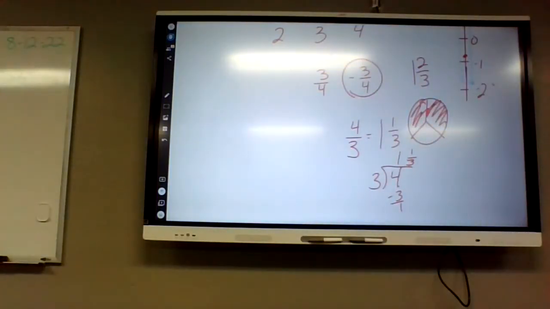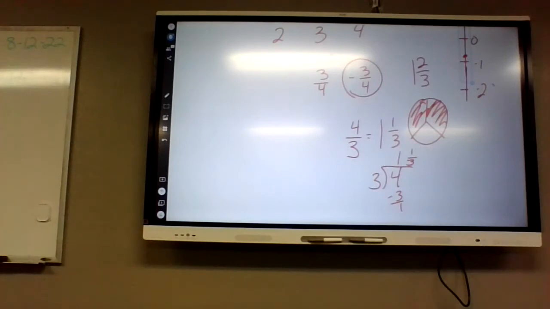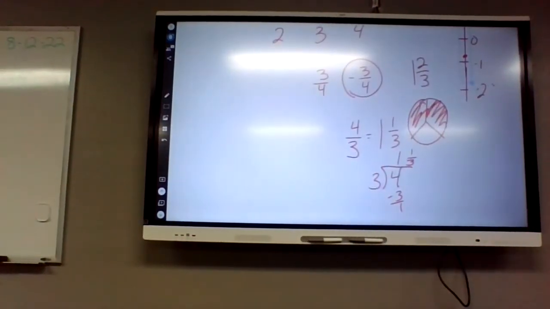Does anybody not know where their fraction button is? Okay, let's go. This is the fraction button right in the bottom right corner.